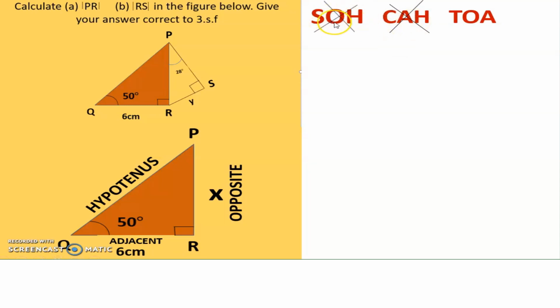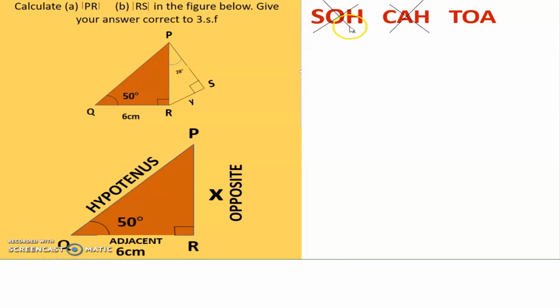Despite the fact that there is opposite here, since hypotenuse was not given, we don't know hypotenuse, so we cannot also use the so. The reason why we are not using so is because we don't know our hypotenuse and we don't know our opposite.